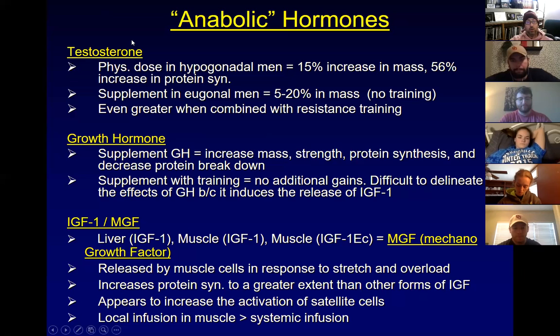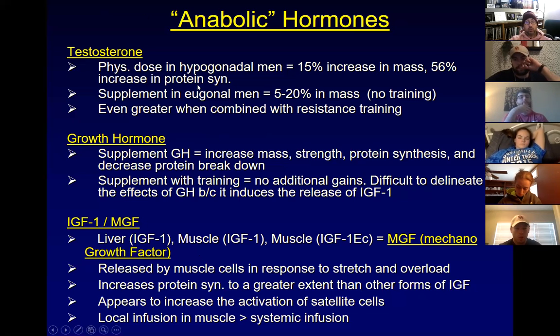Okay, so much of what we know about these hormones and their effects on protein synthesis comes from people that generally don't have enough of this hormone, and then we give them some hormone back, or people that are just completely deficient, because it's in some ways very unethical for us to give people these hormones.